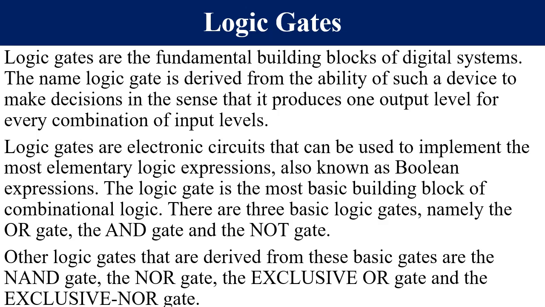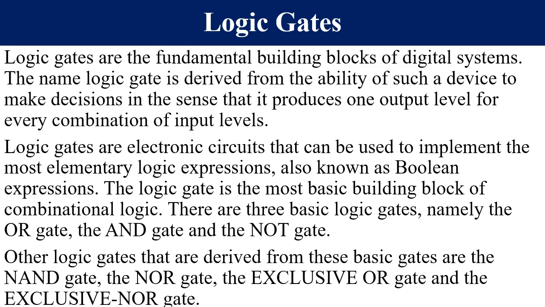What are logic gates? These are the fundamental building blocks of digital systems. If you go to your first part, you will see the differences between an analog system and a digital system. A logic gate has the ability to make decisions, in the sense that it produces an output which depends on input combinations.